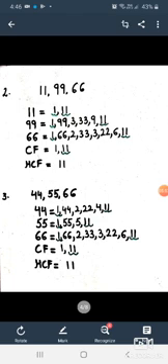Now find the common factors of all these three numbers, and they are 1 and 11. It means 1 and 11 digit is coming in all these three numbers. Now the highest factor among common factors is 11. So your HCF is 11.